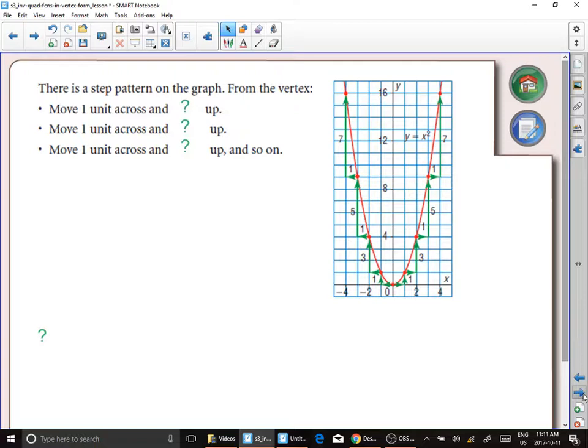We already talked about this, but just for clarity, again, we're moving from the vertex: over 1, up 1, over 1, up 3, over 1, up 5, over 1, up 7. If we kept going one more, we'd go over 1, up what? 9. That's right. And we do that in both directions.